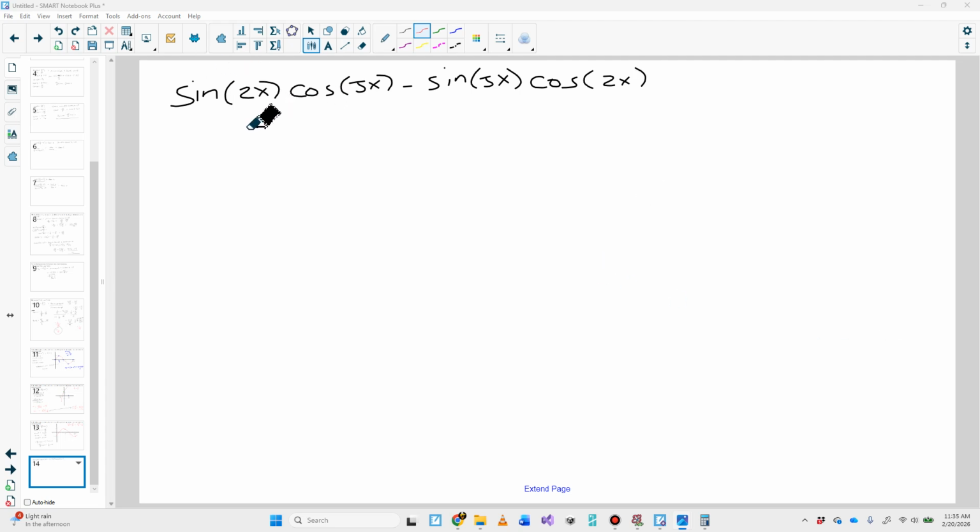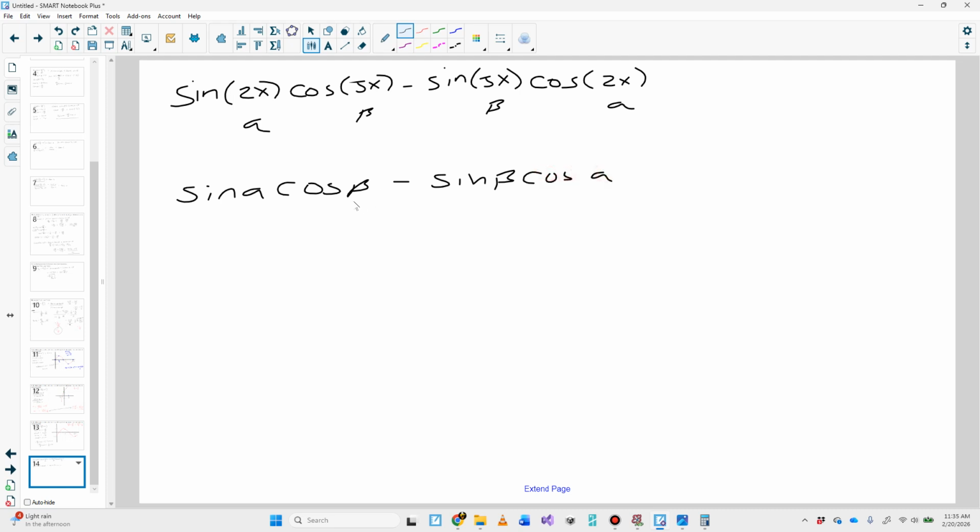We need to do the following. 2x could be my alpha, and 5x could be my beta. So if I were to write this out as sine alpha cosine beta minus sine beta cosine alpha, does that match anything?